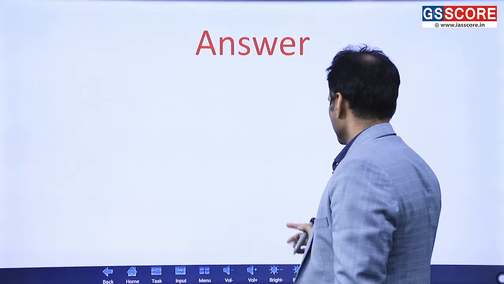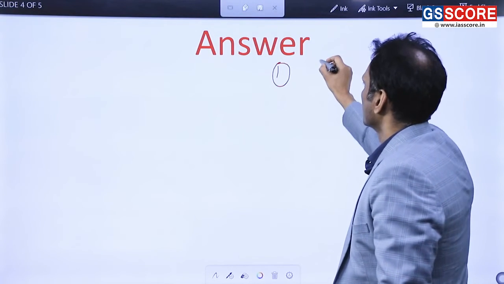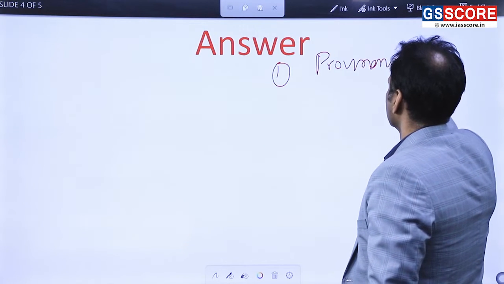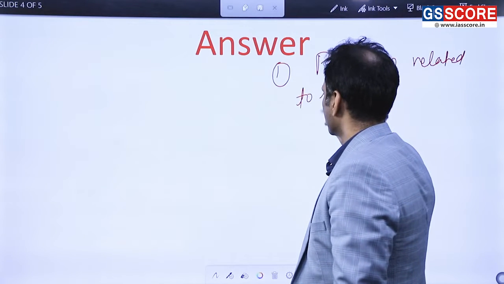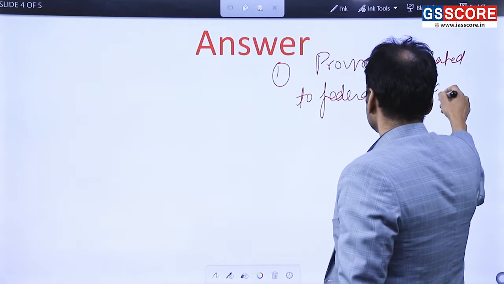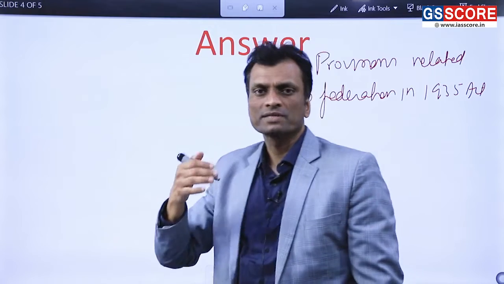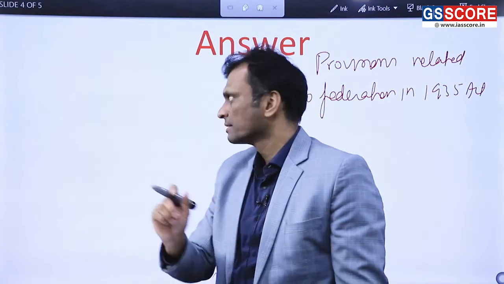So what we will do in this is, number one, provisions related to federation in the 1935 Act. First, we will write 4, 5, 6 points, not the entire answer.